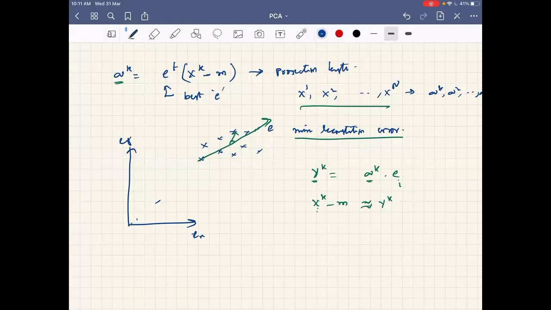I have marked here the maximum spread direction, because I know that that will be the direction which will have the projected samples also well separated. So roughly we know we captured it, but we want to mathematically highlight and show this later. So we want to get a mathematical expression for E.